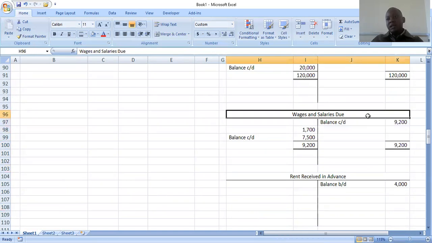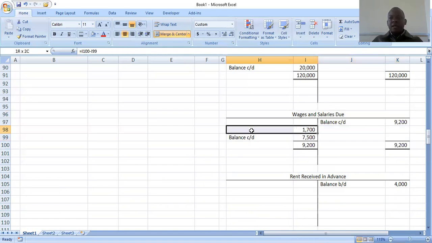Wages and salaries due is a liability, and whenever you see a debit entry in a liabilities account, it means that there is a decline. This means that wages and salaries were paid during the year.